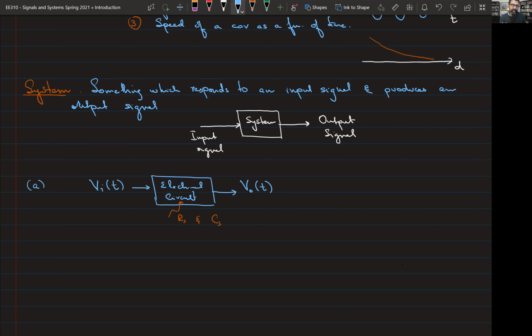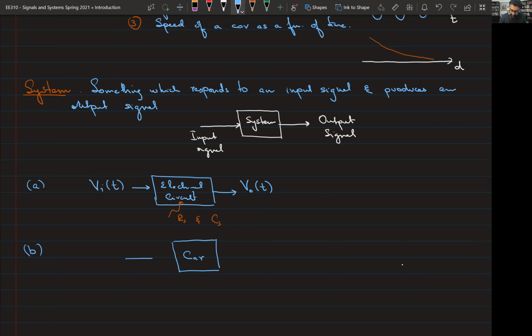The behavior of the system actually depends on how they're connected. I mean, the electrical components, how they're connected. Okay. Another example could be a car, for example. I'd say a car is a system, right?